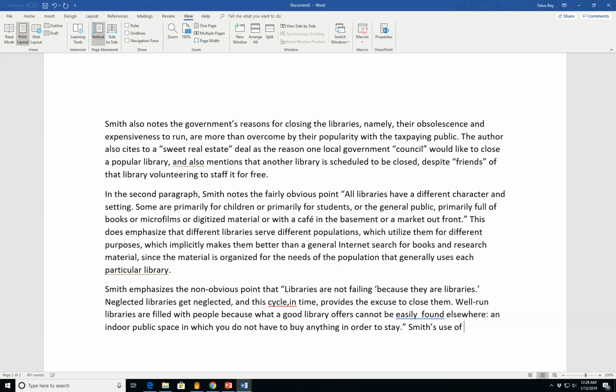Smith's use of facts, e.g. ethos, helps support her point.